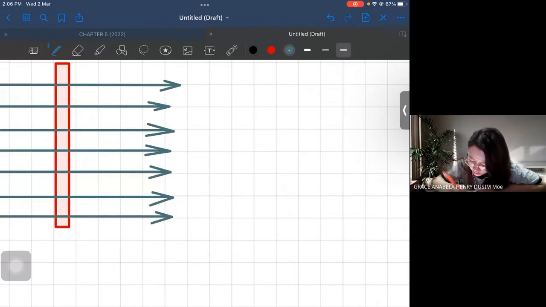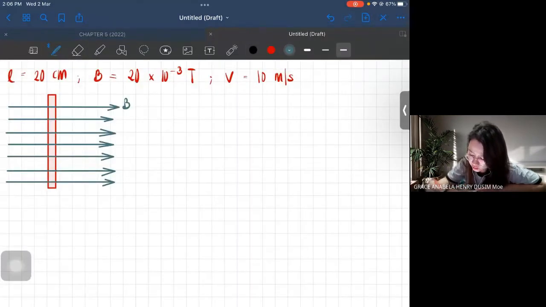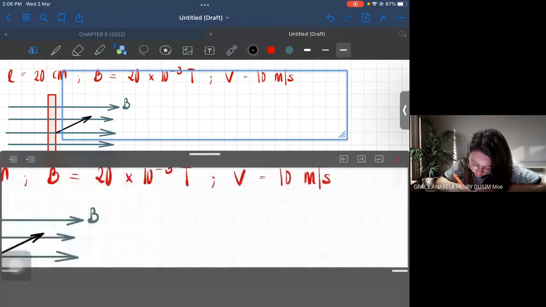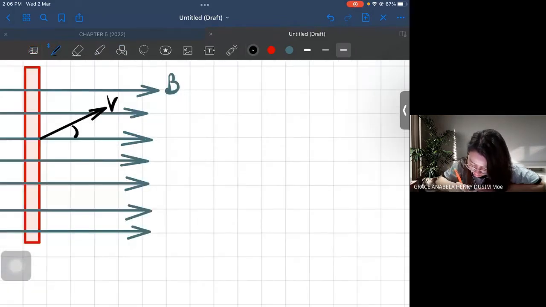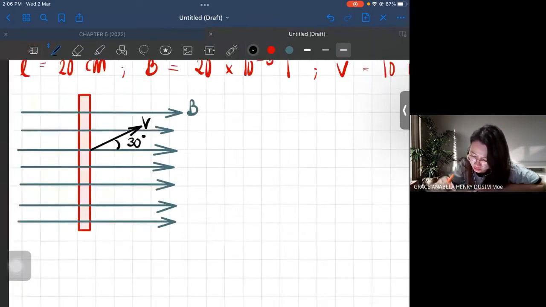Okay, so that is our magnetic field. Okay, lepas tu they mention they move 30 degree to the field. So the velocity is something like this lah. So the 30 degree to the magnetic field.